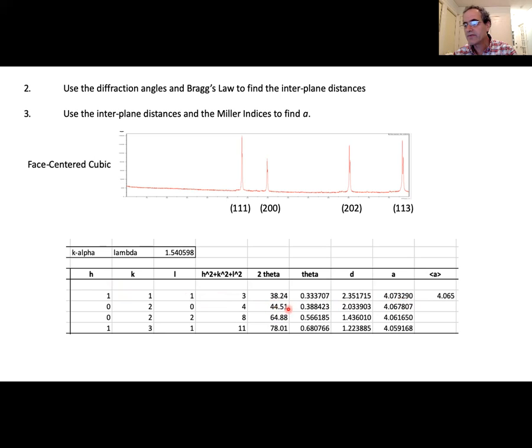Okay, and then we can do this for the next line and the next line and the next line. And if we've done this all right, then all these values of A should be equal to within error, okay? And you can see that all these values are all very close to each other. If you've made a mistake with your assignments or with your structure, then you'll be able to tell because these values won't be equal to each other, okay?